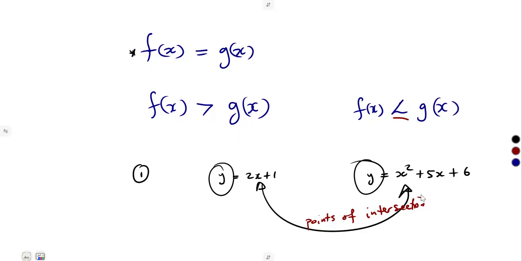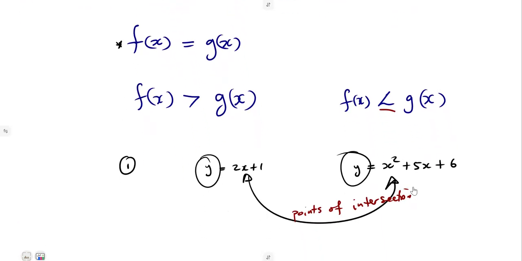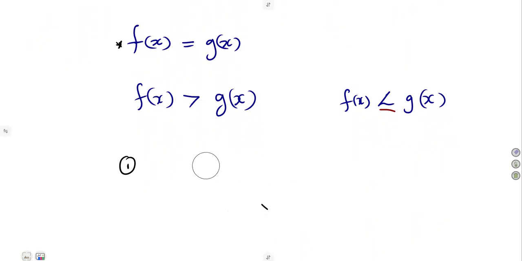So you take those x values from what you are to solve. So in our case, we are no longer going through that process of solving because this is done graphically. So it simply means whenever this is to happen, what is important is the point of intersection.